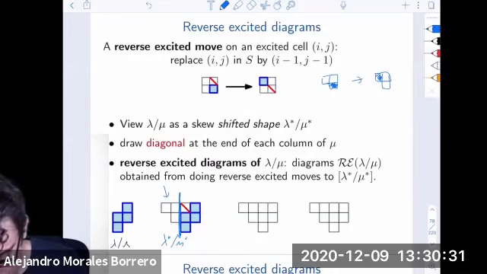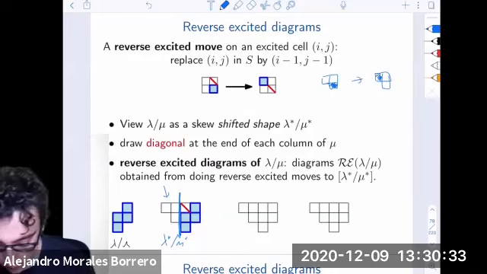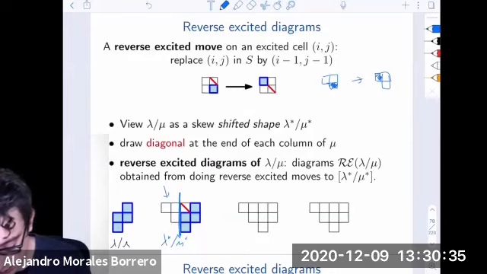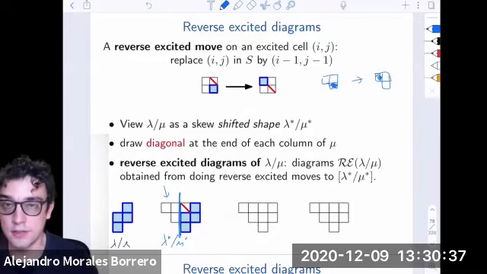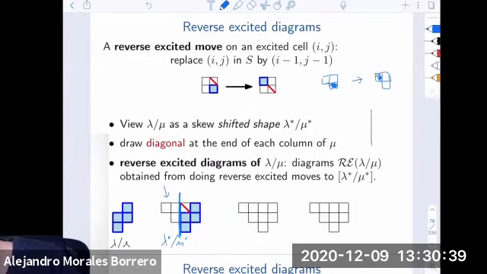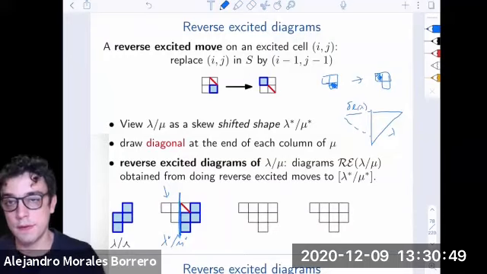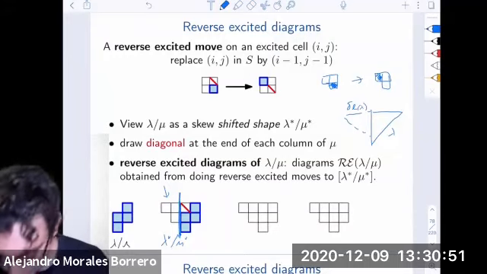So it wouldn't matter if we add one more. I'm adding the things where the interaction is going to happen. But in general, yeah, you're right. In general, I have lambda, and I just attach to it a staircase of that size. Okay, I see.